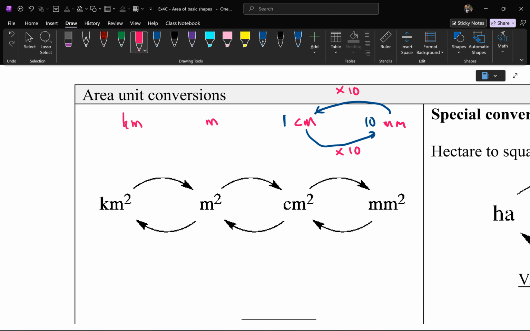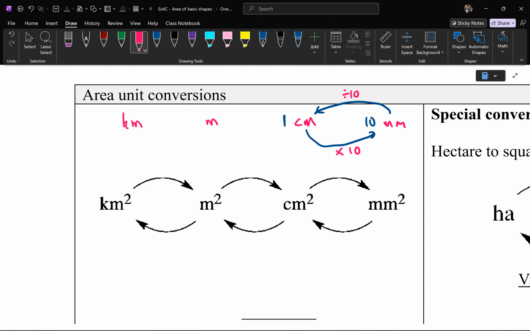Most students say times 10, which doesn't make sense. Okay, because if you're going from centimeters to millimeters, the number should get bigger, right? So this is the way to go from millimeters to centimeters, and from centimeters to millimeters, it's then times 10. Okay, not the other way around. So it's actually divided by 10. So 10 divided by 10 will give you the 1, and 1 times 10 will give you the 10.